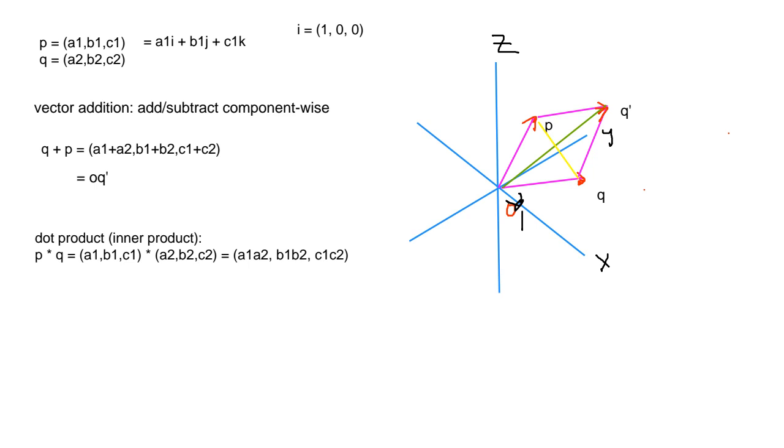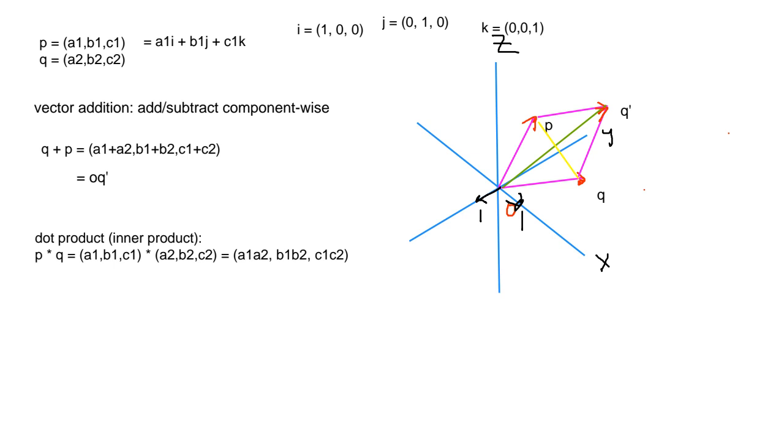Can anybody tell me the value of j? x value is 0, y value is 1, and z value is 0. What about k? Yes, 0, 0, 1. Awesome.